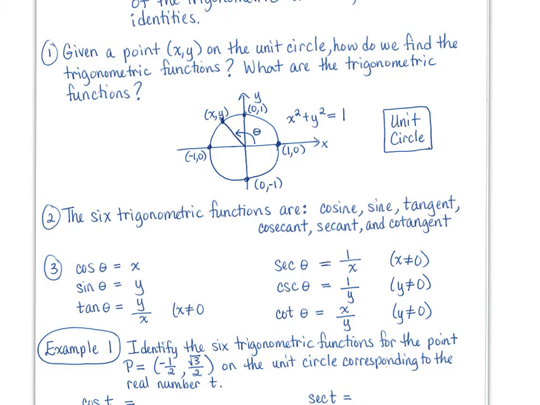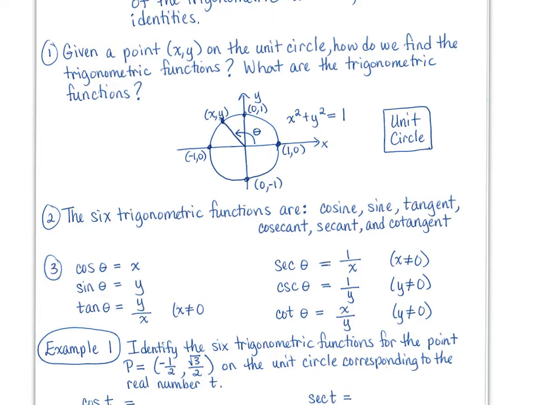Now, remember, we just discussed that the x value corresponds to what? Cosine. Very good. And the y value corresponds to? Sine. Very good. So cosine of theta is equal to x. Sine of theta is equal to y. Tangent of theta is equal to sine of theta over cosine of theta, or in other words, y over x.